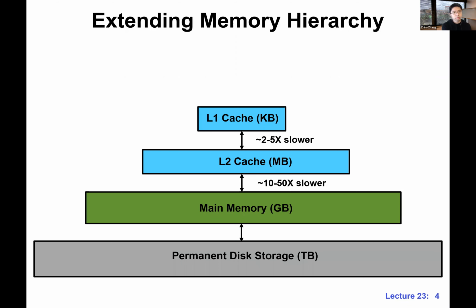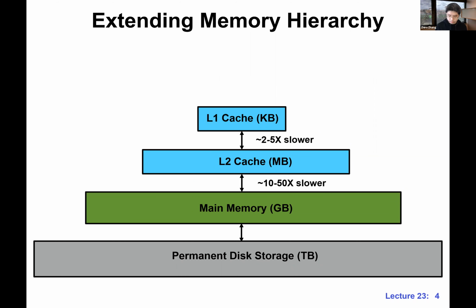In many cases, we do want persistent, non-volatile storage, where even after we shut down the computer, the data is still there. So that's where we actually need disk. This is the first time we are bringing in disk, although many of you are already using it and are familiar with the concept.